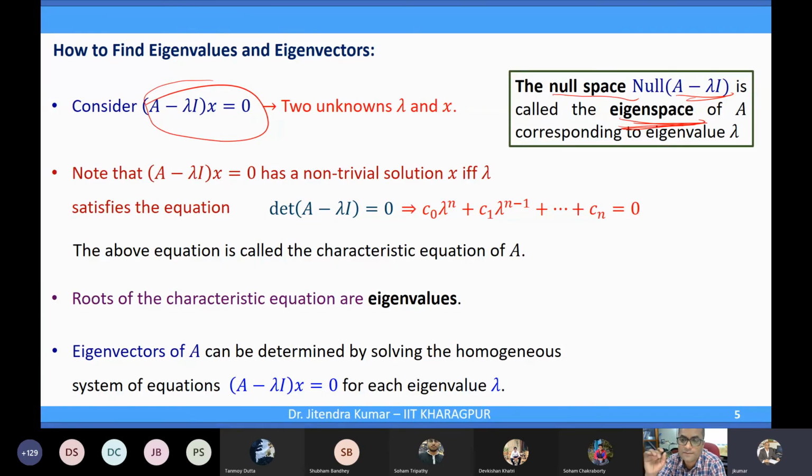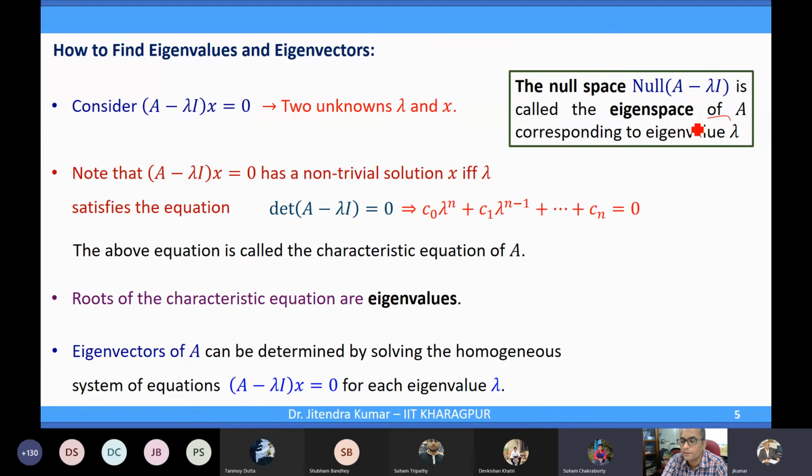So the eigenspace is not the collection of all eigenvectors, but a little more. You have to also add the 0 vector. So all eigenvectors plus the 0 vector form the eigenspace. Clear? Sir, is this eigenspace for a specific eigenvalue lambda or for all?